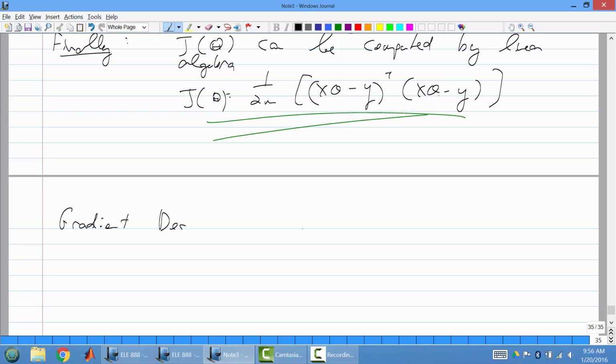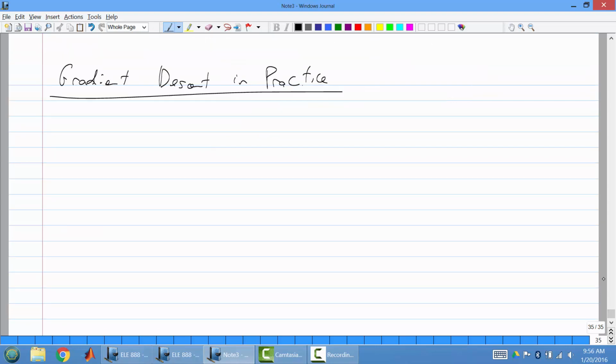So let me just give you a little prelude to what we're going to talk about, then we'll take a little break, and then we'll come back. What we've talked about so far is that each feature by itself has its own different dynamic range. For example, square footage can vary between 0 and let's say 5,000. Or the number of bedrooms has a smaller range from 0 to 5, right?